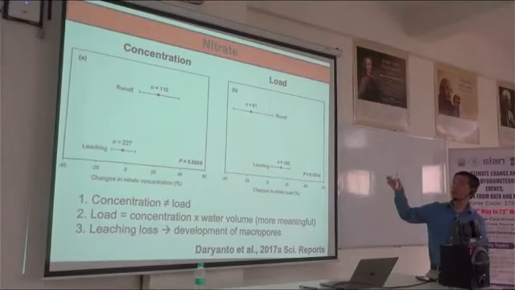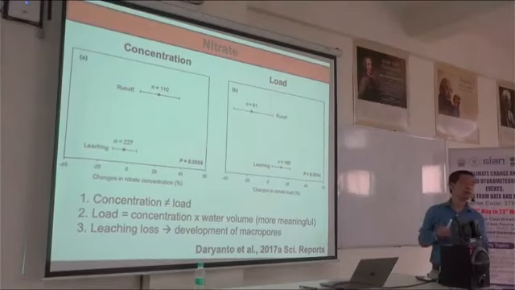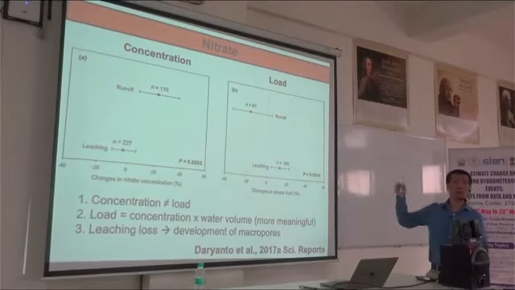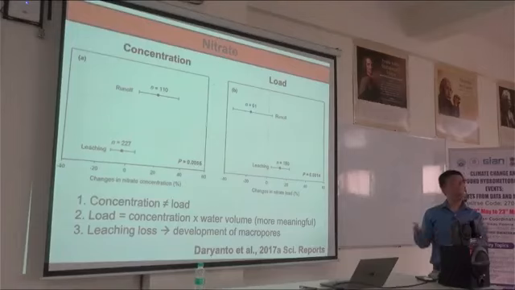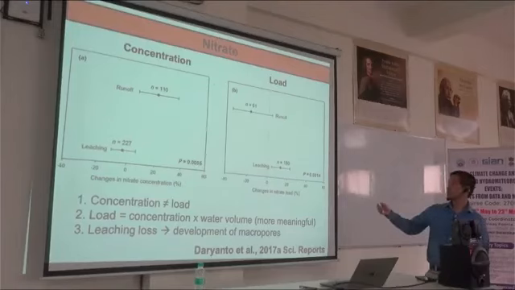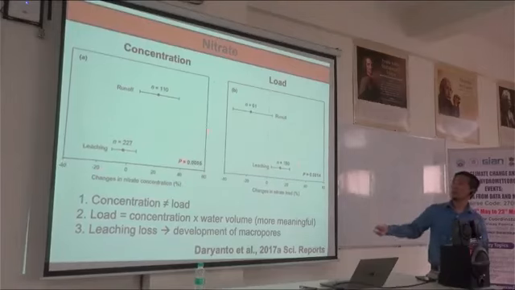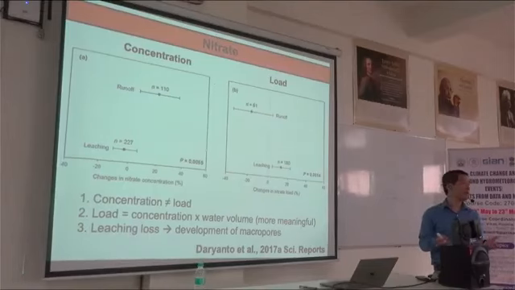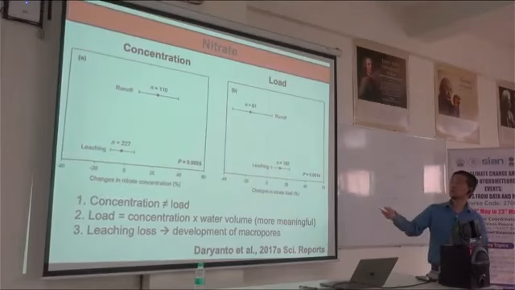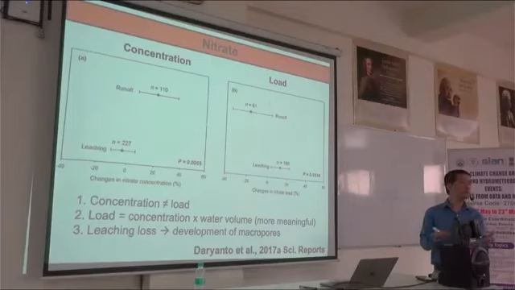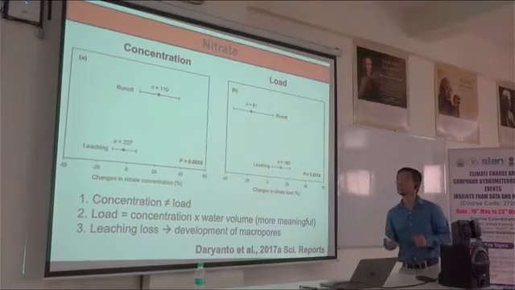Load is basically the product of concentration and volume, which is really the total amount of nutrients coming out of the agricultural field, so this is more meaningful. But we still use concentration because some farmers or researchers only report concentration. That's the only information you have, so we still use it.